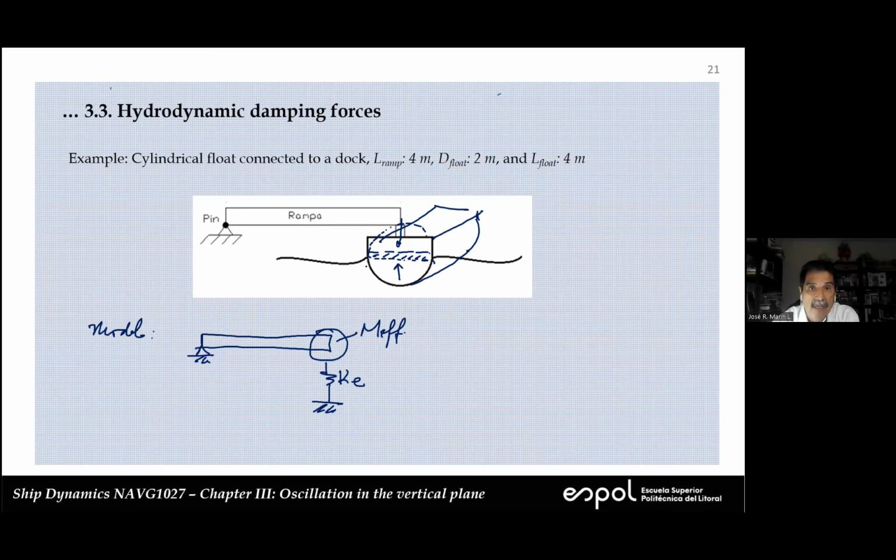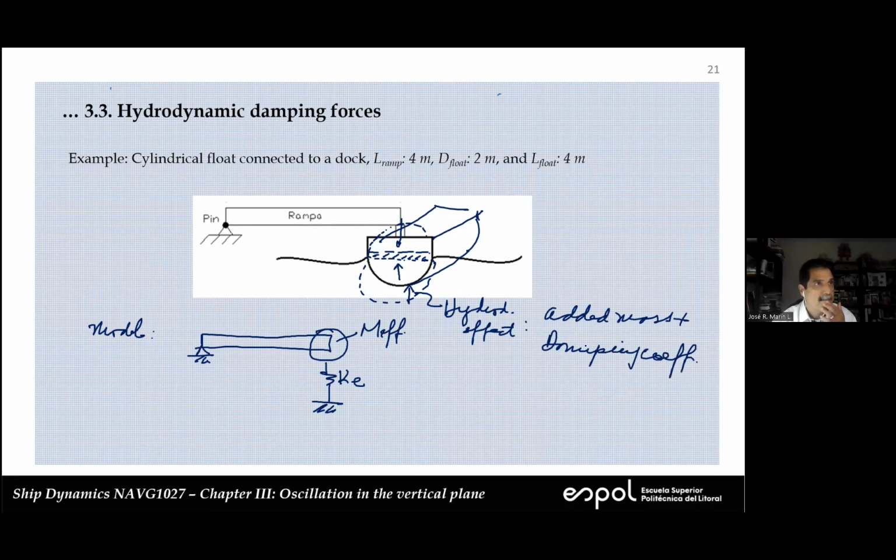Why? Because here we're going to have a hydrodynamic effect, which means we are going to have to include added mass and damping coefficient.